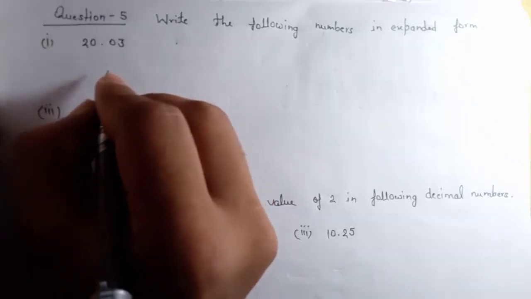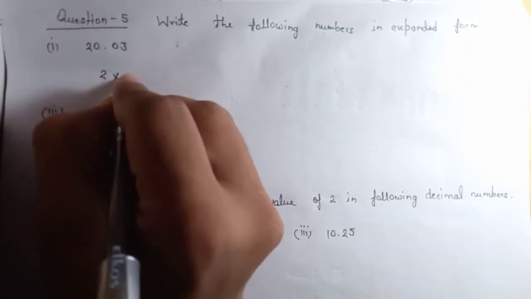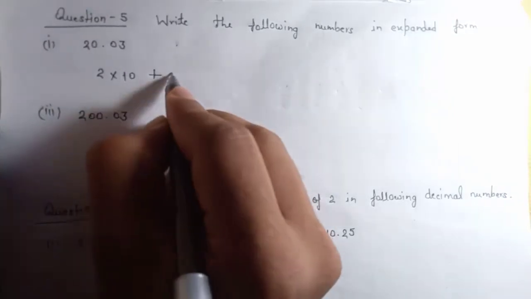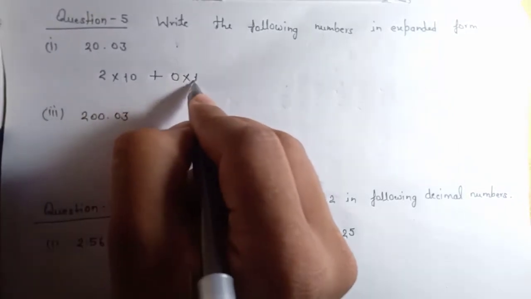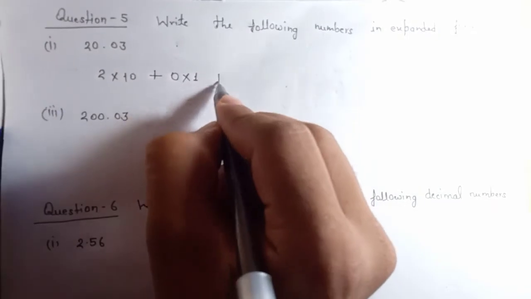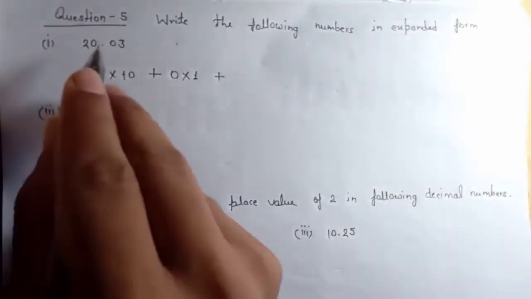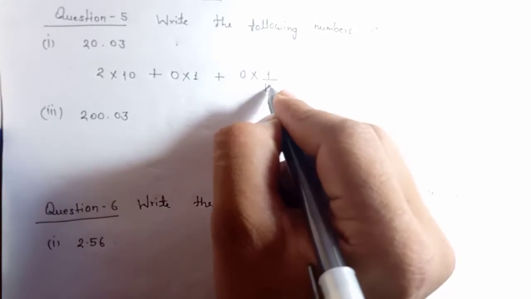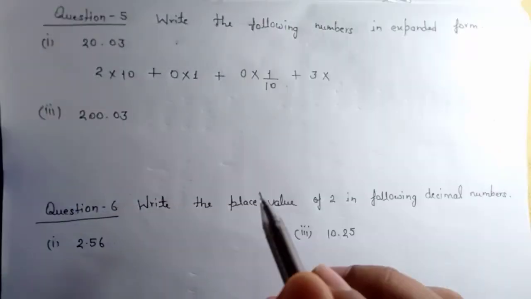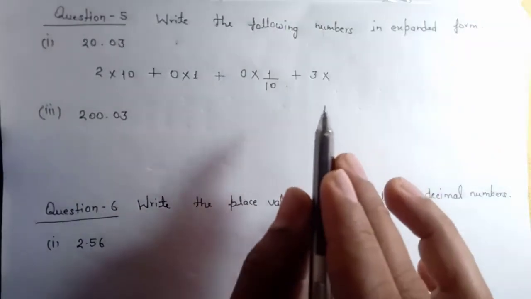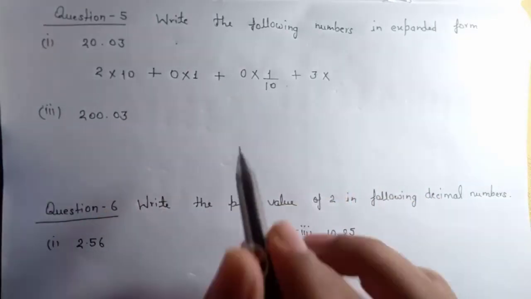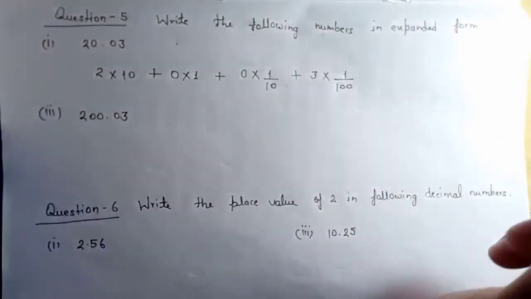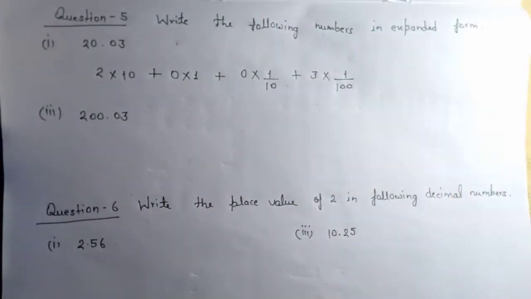So write here 2 into 10, plus this 0 multiplied by 1 upon 1, plus this 0 is here at the tenths place, 1 upon 10. Here 3 is placed at the hundredths place and multiplied by 1 upon 100. This is the expanded form of 20.03.